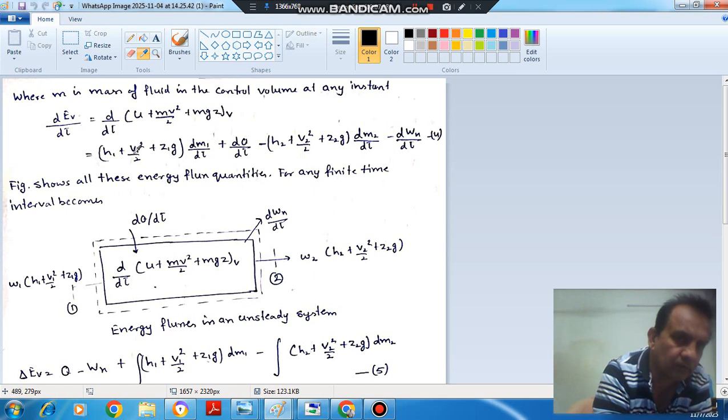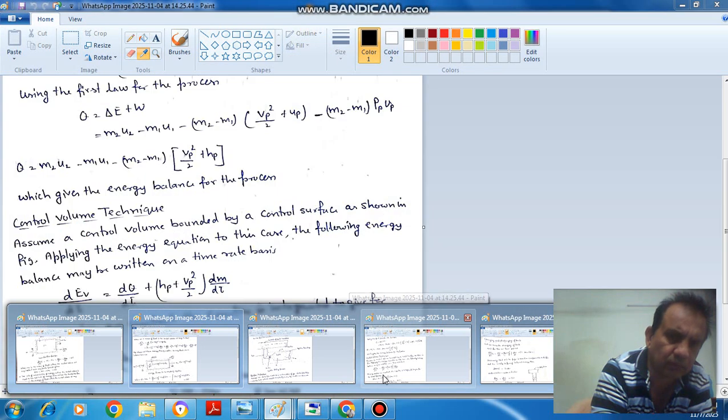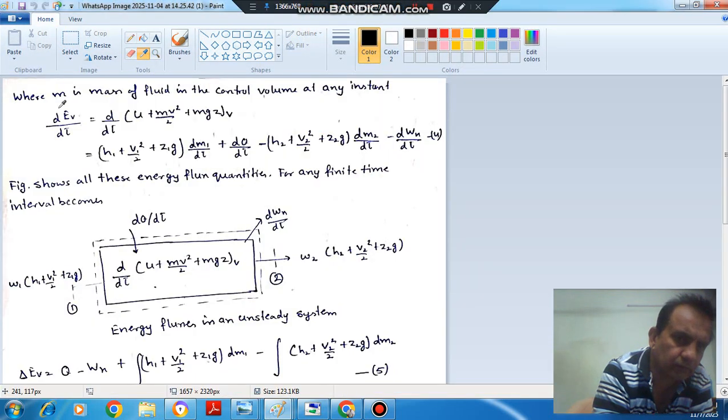That energy is in the form of h and V. There is no change in potential energy, or the change in potential energy is small and can be neglected. Then this equation reduces to these parts, and the outflow and work terms will be zero because there is no mass outflow and no work done.